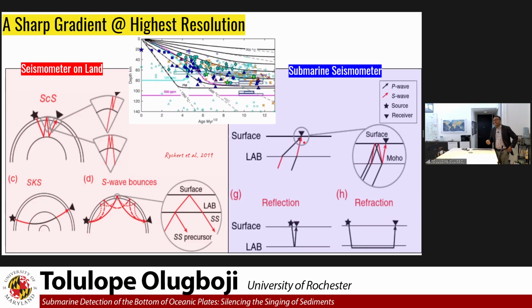Regardless, one might argue that this type of technique, where you're using converted waves from submarine seismometers, potentially has the best resolution and will provide us information on constraints on lithospheric structure. Keep that in mind, because everything I will say in the third part of this lecture will be trying to improve constraints on oceanic plate structure by improving the quality of signal detection from submarine seismometers.